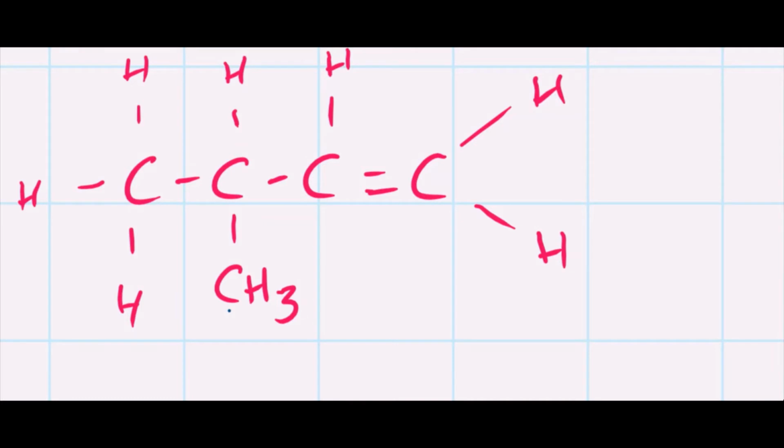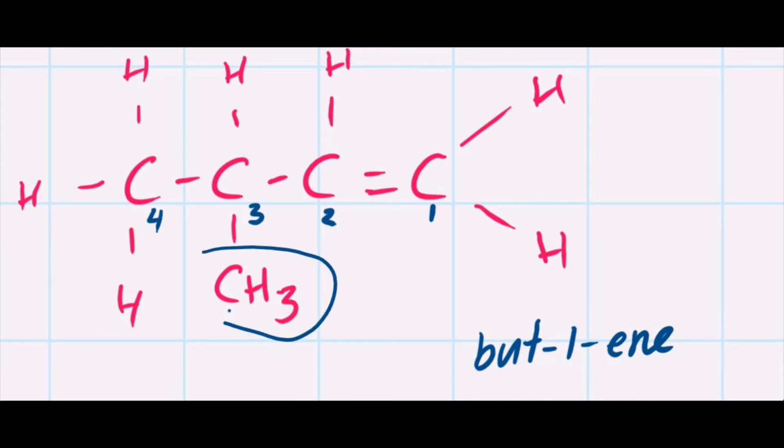Okay, so in this molecule we have a carbon-carbon double bond, so we know that it's an alkene. We're going to start counting from this end because we want that number to be the lowest. 1, 2, 3, 4. It's 4 carbons long, so we know that it's going to be a but-1-ene.